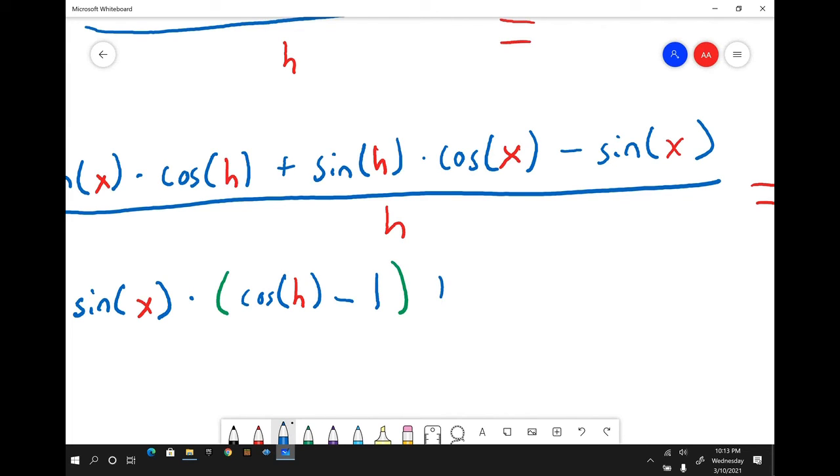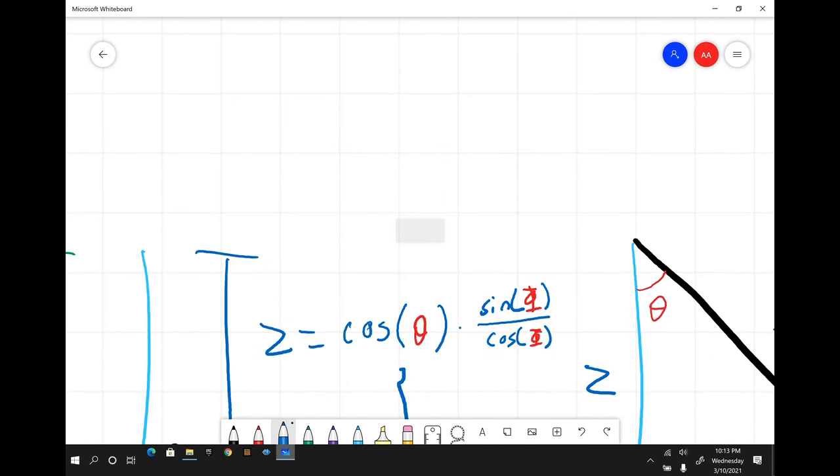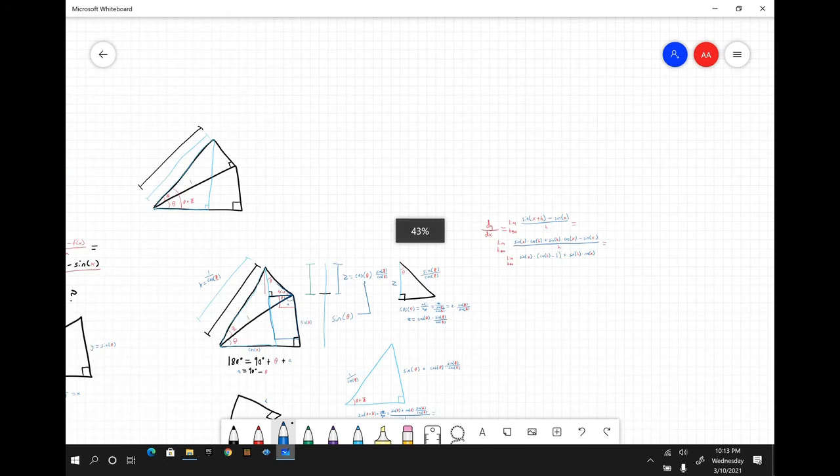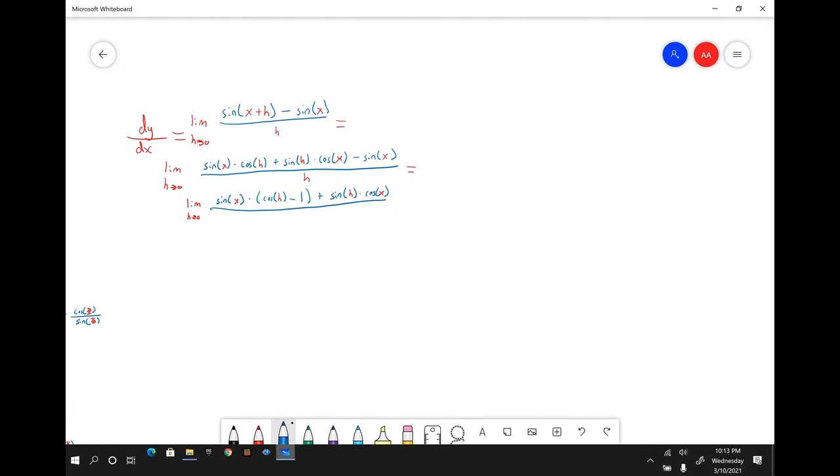And we add the sine of h times the cosine of x. And this is all divided by h. So we have one last thing to prove before we can actually finally solve for our derivative.